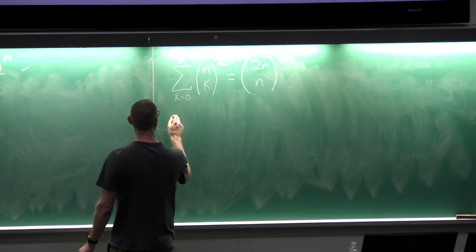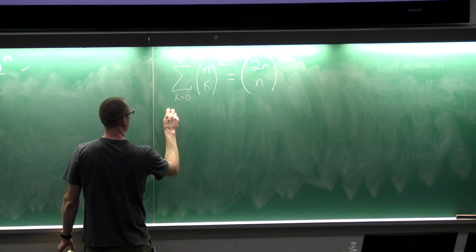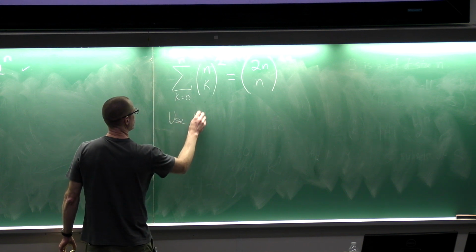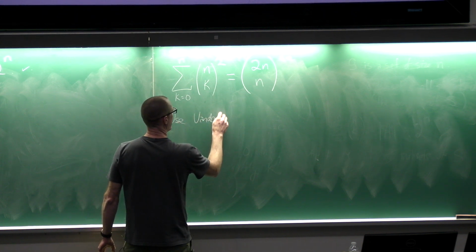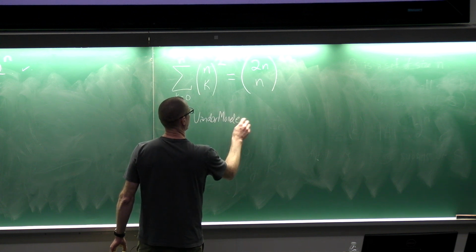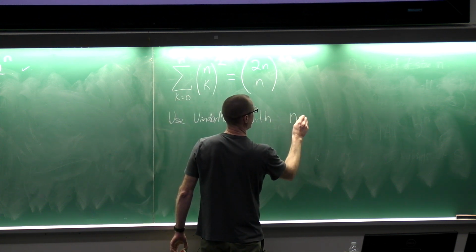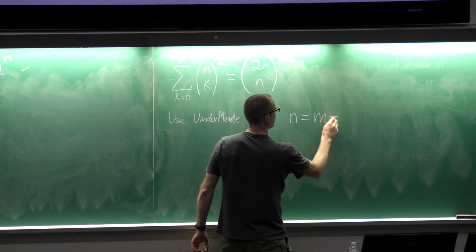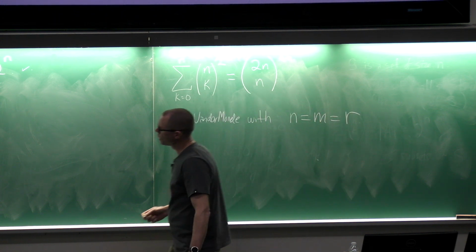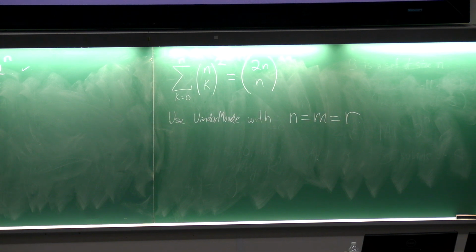So let's use Vandermonde's theorem with n equal to m equal to r. So everywhere we see in this theorem an m, an n, or an r, we're going to replace it with n.